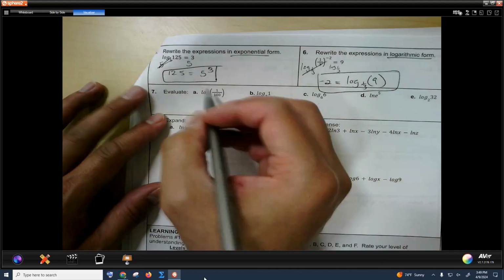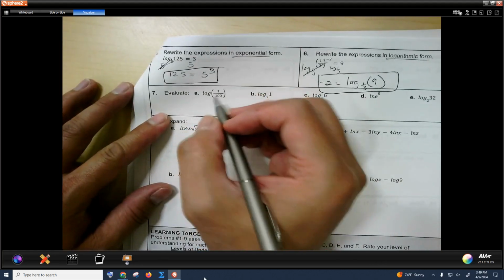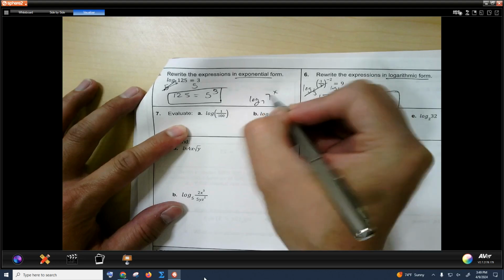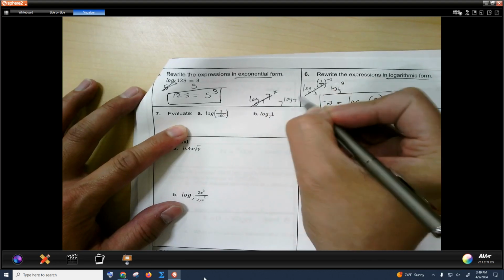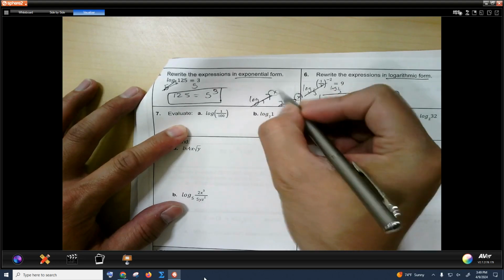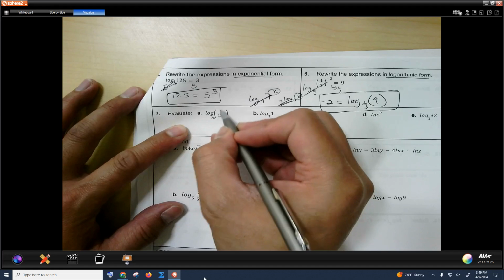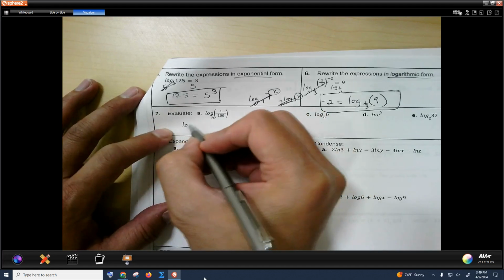Okay, when you go to evaluate, the goal is to just write it so that if you have a log base 7 of 7x, these cancel, leaving you with the x's. So this one is a base 10, so you want to create 1 over 100 as a base 10.